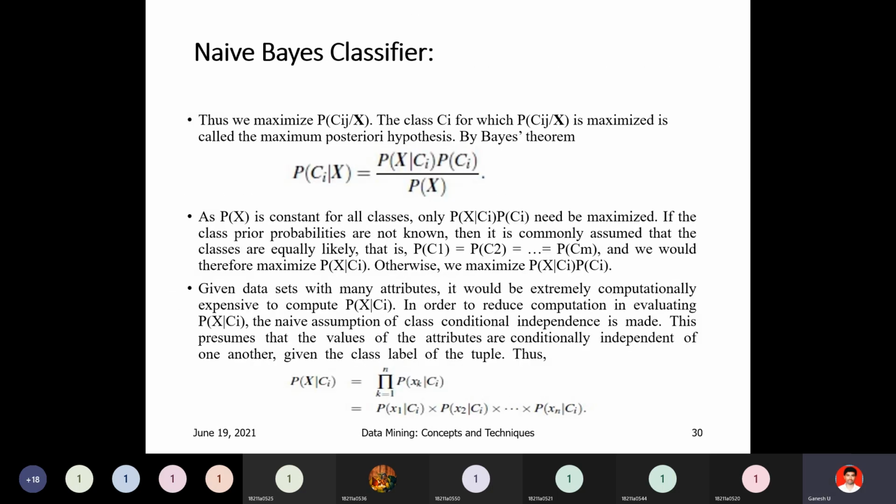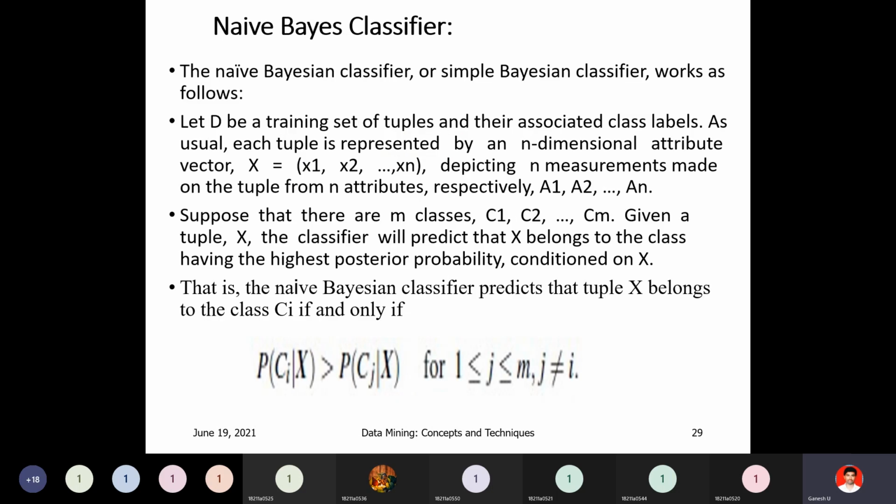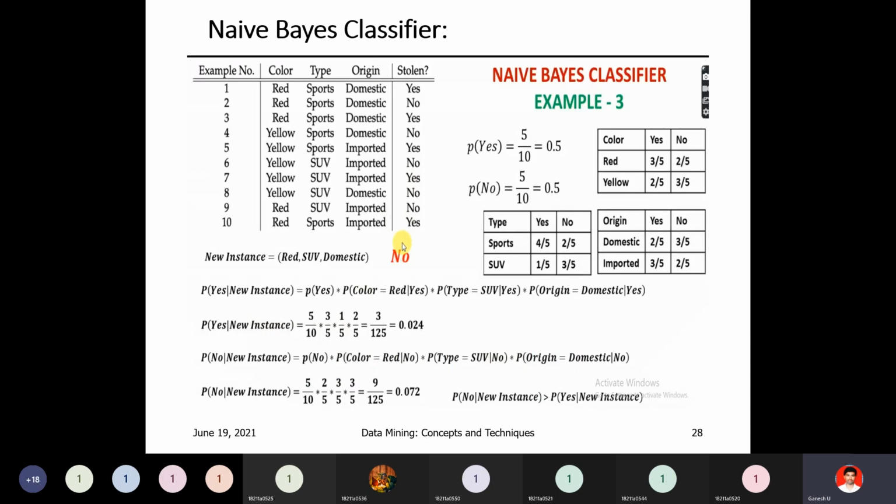In the same way, you can observe in each slide I am clearly giving X equal to x1, x2 and so on up to xn, different dimensional attributes. Next, classes also: C1, C2 and so on up to Cm. Here also the same attributes: red, sports, domestic, these are x1, x2, x3 and so on.